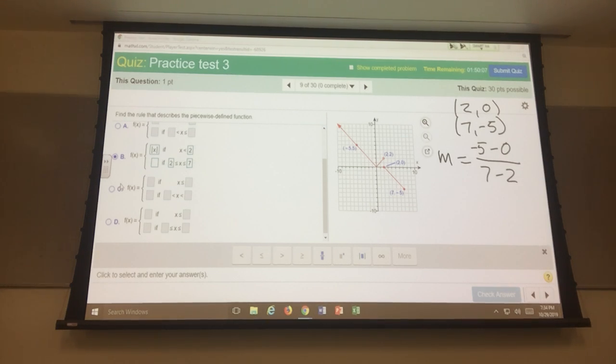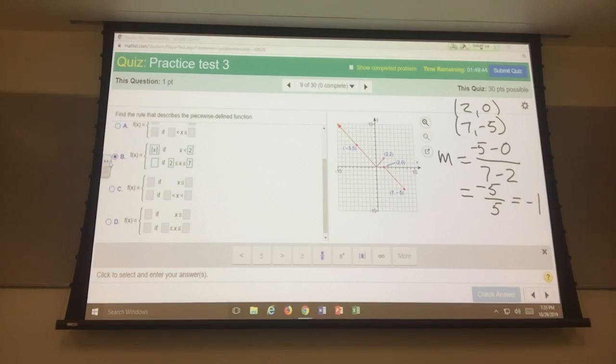We have to stay consistent on which point we put first. So we simplify and we get negative 5 over 5, which is negative 1.